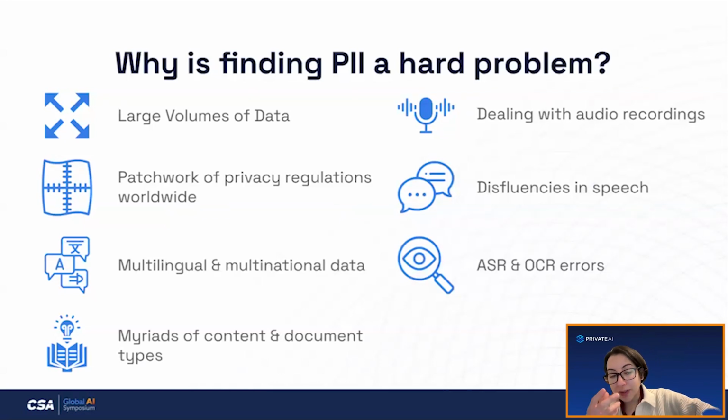The reason this is a really hard problem is that you're often dealing with really large volumes of data, so you need something that can process that information fairly quickly. And that patchwork of privacy legislations globally is getting more and more complex, and it's becoming more and more to keep track of.